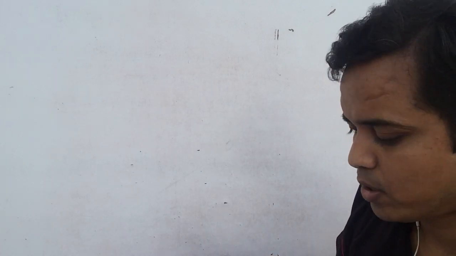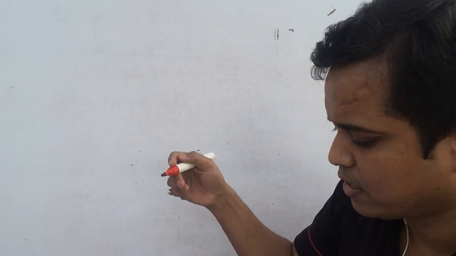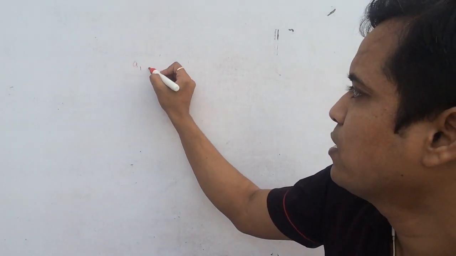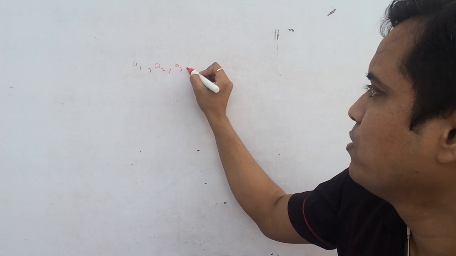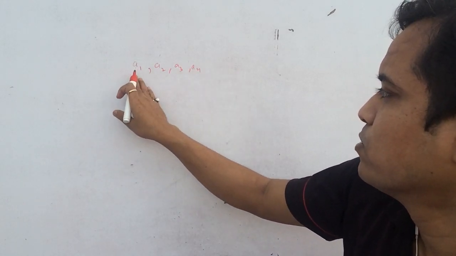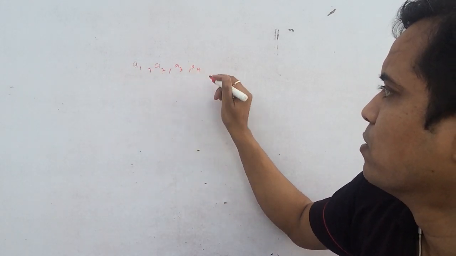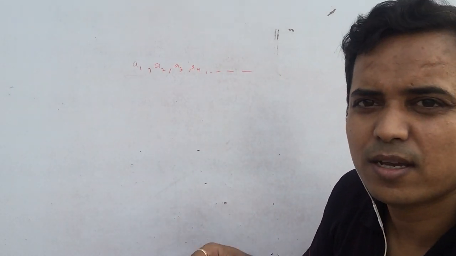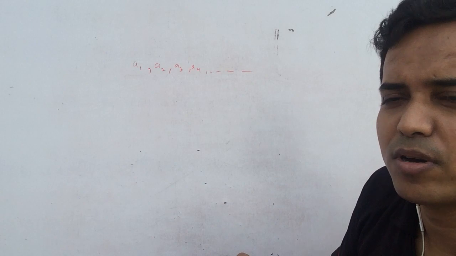If the terms of a sequence are written under a specific condition, we call it a progression. The terms a1, a2, a3, a4 are the first term, second term, third term, fourth term.